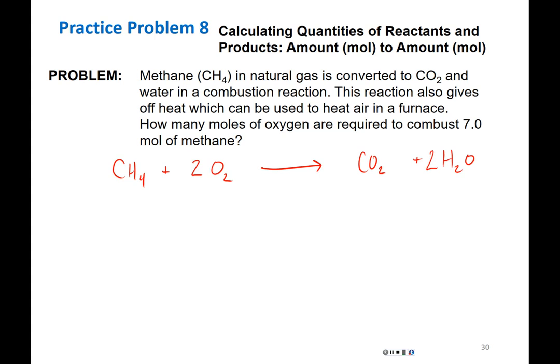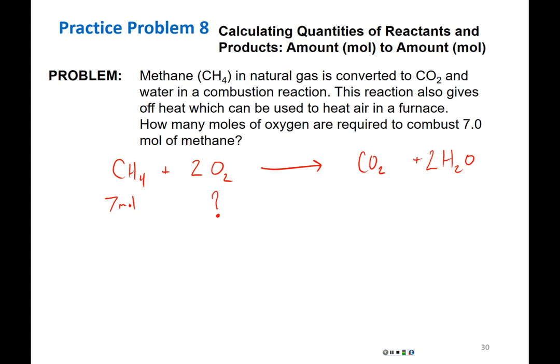Right. So the question's asking for how many moles of oxygen are required. So let's just write a question mark there under the oxygen to combust 7 moles of methane. So methane, we have 7 moles. Okay.